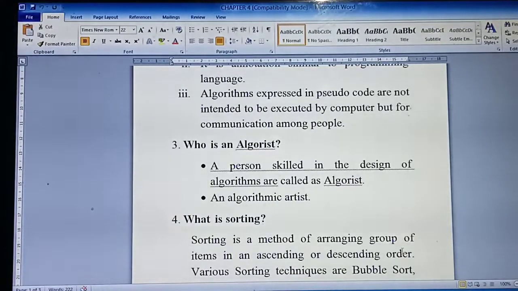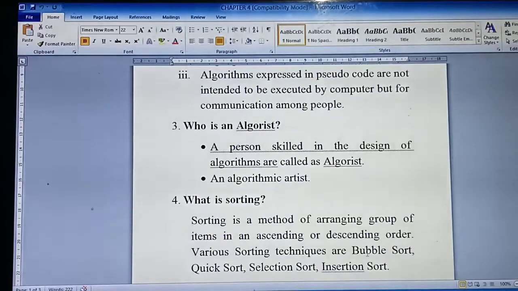Sorting is a method of arranging group of items in ascending or descending order. Okay, various sorting techniques are bubble sort, quick sort, selection sort and insertion sort. Write fast. So these are all very important 2-mark questions, students. What is sorting? Sorting is a method of arranging group of items in ascending or descending order. So various sorting techniques, what are they?